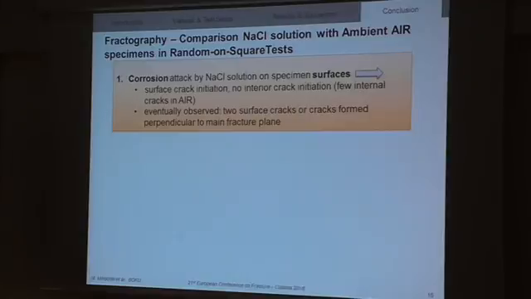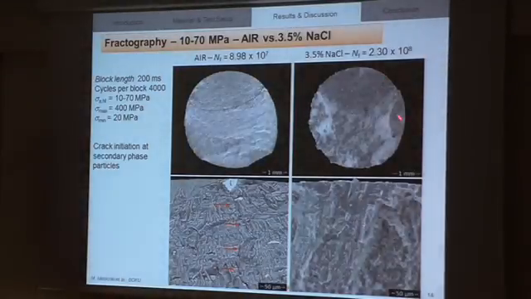Now to the conclusions. First, corrosion attack by sodium chloride solution on specimen surfaces leads to surface crack initiation, always surface crack initiation and no interior crack initiation. A few internal cracks are observed in air, and eventually two surface cracks, as you can see in this image.